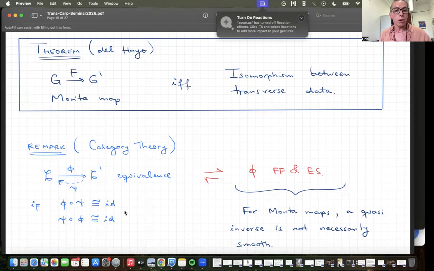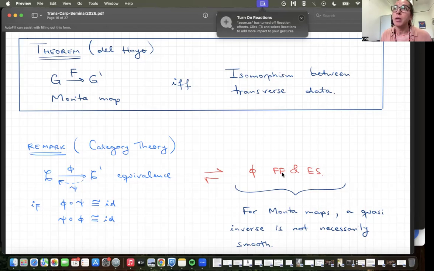So there is a natural transformation between this guy and the identity and also the other composition. And the classical result in category theory tells you that equivalences of categories are the same as functors which are fully faithful and essentially surjective.